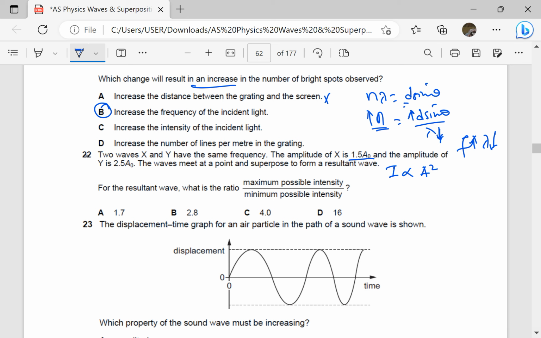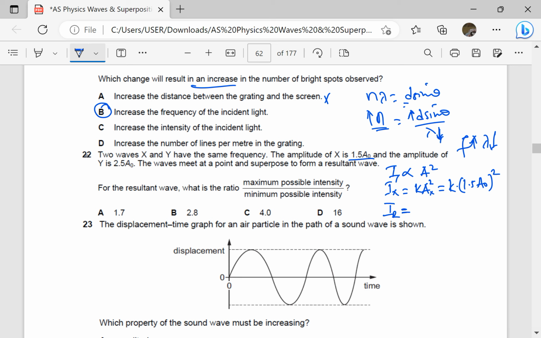So if they superpose constructively, let the intensity of x be equal to k times amplitude of x squared, which is k times 1.5 a0 squared.